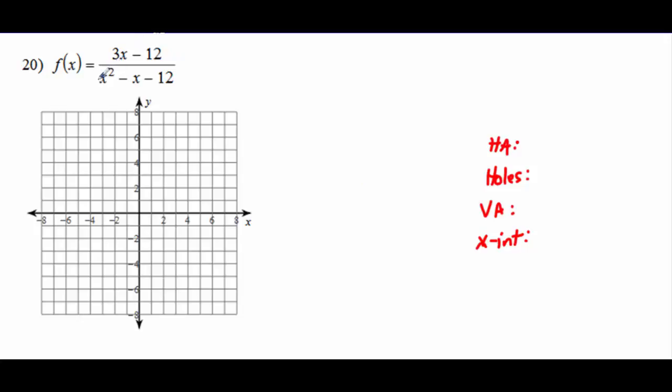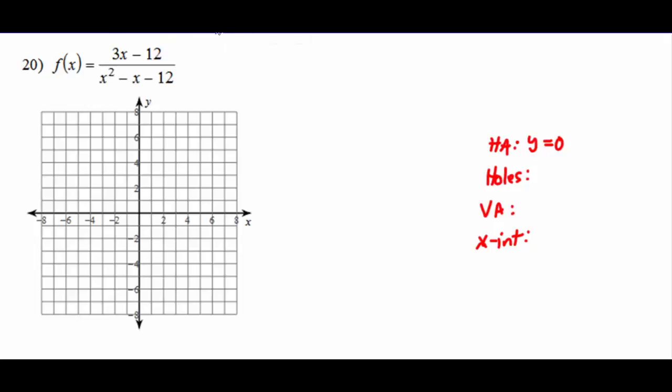To start off with horizontal asymptotes, you look at the biggest x on top and the biggest x on bottom as far as exponents go, and you say which has a bigger exponent, the top or the bottom. If the bottom has a bigger exponent, like in this case, it's y equals 0 for our horizontal asymptote.